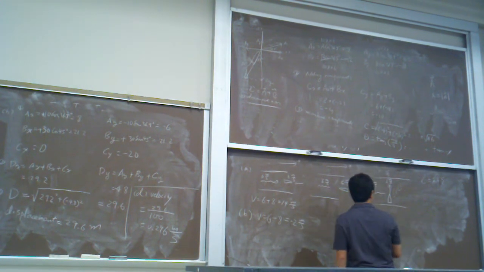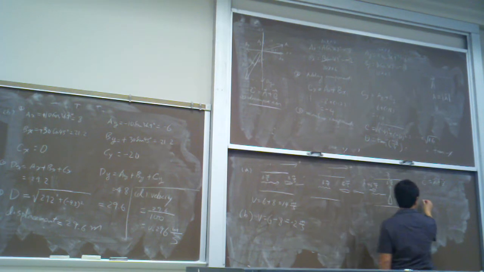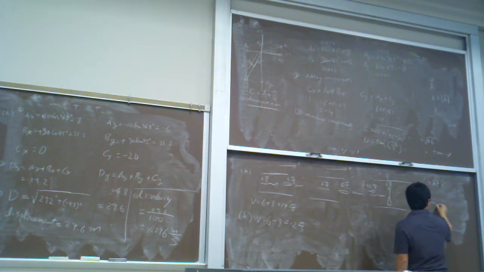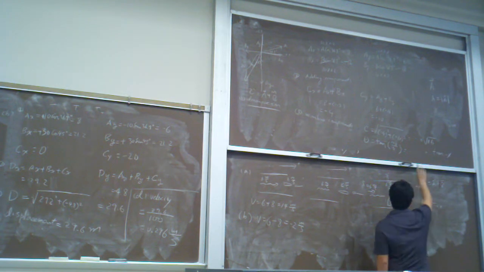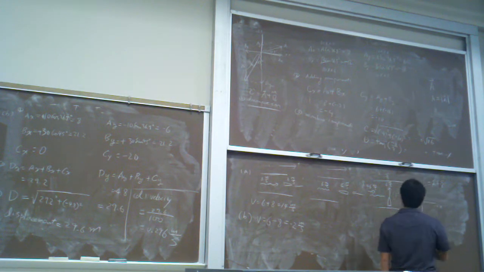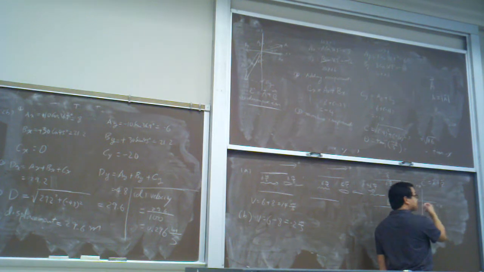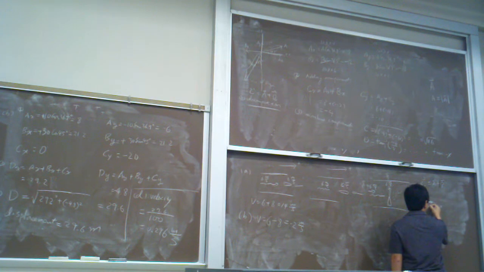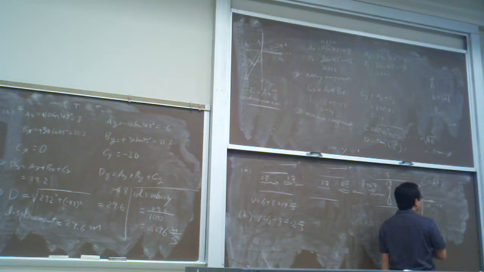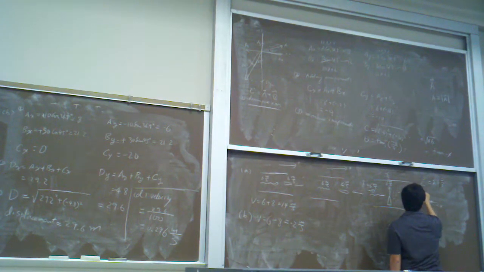Of course, you have to do the decomposition. If you make the coordinates so that positive x is the downstream direction and positive y is perpendicular to it, in the direction of the boat, then A is like this and B is like this.